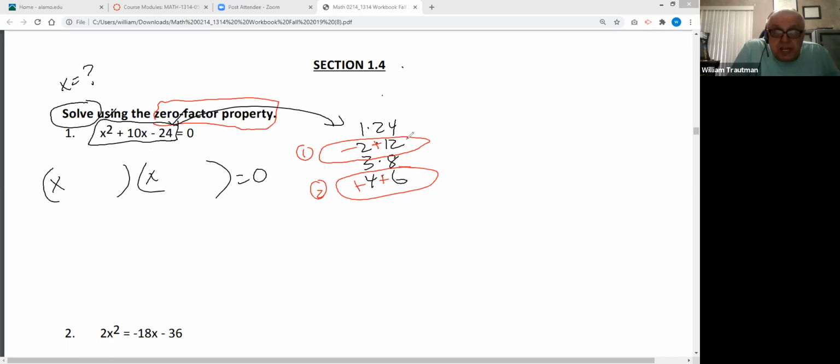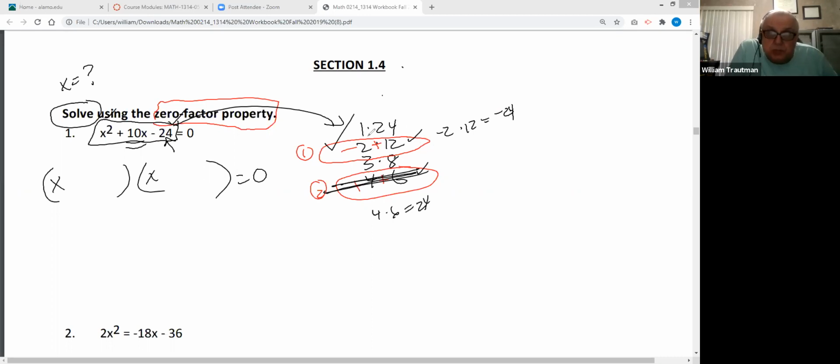Remember, these have to add or subtract to equal the middle term. They both do. But also, if you multiply them, 4 times 6 equals 24. Negative 2 times 12 equals negative 24. When you multiply them, they have to equal the last term. Do you see? This is the answer, not number 2, because when you multiply them, it equals negative 24.